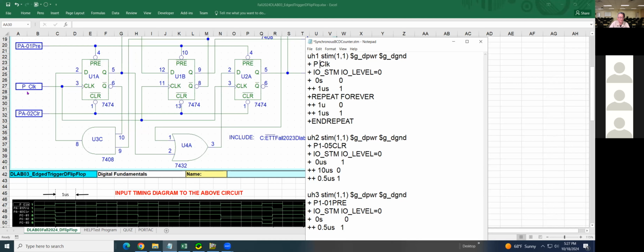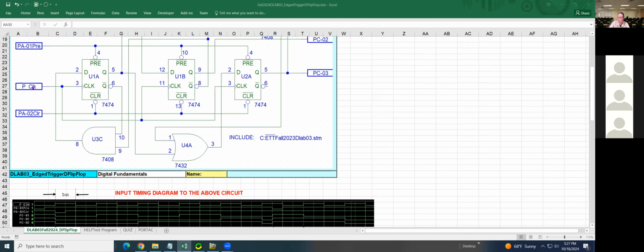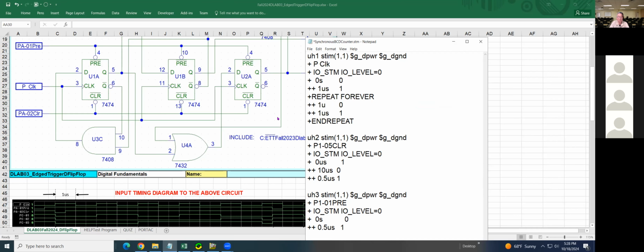They have to match. Okay, make sure you understand. Oh, I see, on your input, you didn't put underscore. Yeah, that's what I said. They have to match. Shouldn't your input be P underscore clock?